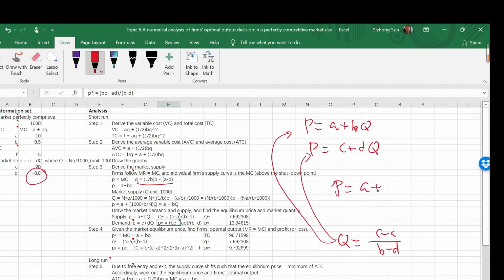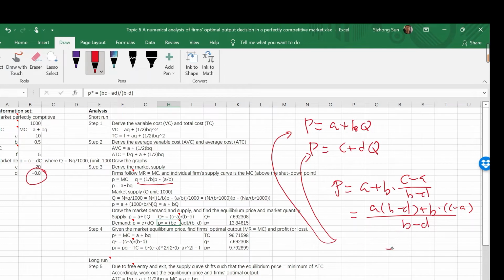So for example, P is equal to A plus B times (C minus A)/(B minus D), which is (A times (B minus D) plus B times (C minus A))/(B minus D). That is AB minus AD plus BC minus AB.